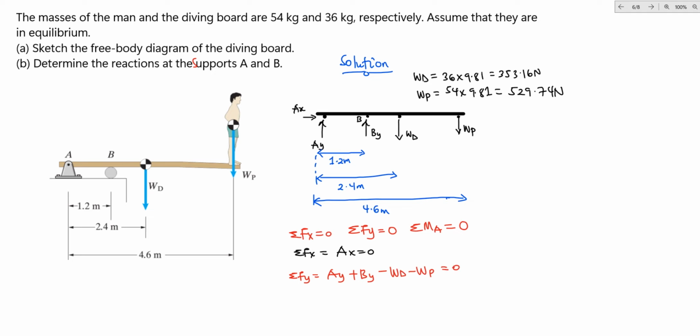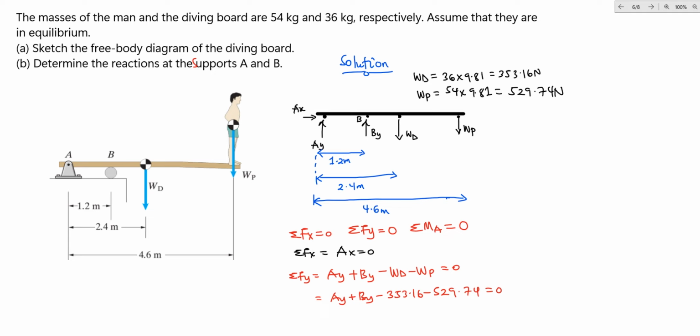This should be equal to 0. Bringing in the values that we know, we have Ay plus By minus 353.16 minus 529.74 equals 0. We are left with one equation because we still have two unknowns.